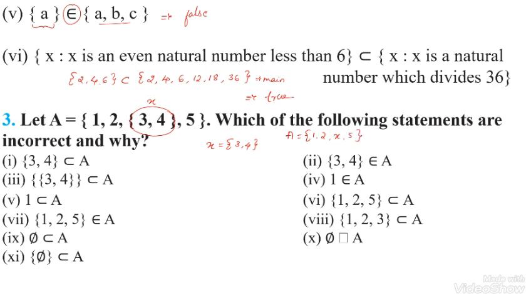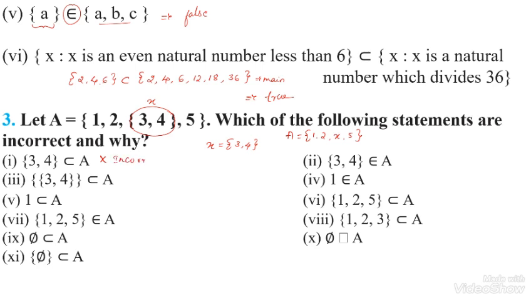Okay. Now, it is in the form of a set. Now, I can write the statements one by one. Now, the first question. The set containing the elements 3, 4 is a subset of A. No. Here, the elements 3, 4 are not there in the set A. So, it is an incorrect statement.